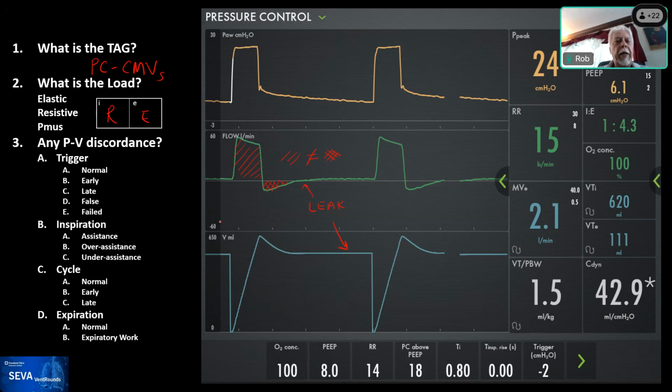And the leak exists on inspiration and expiration, but as you can see, because of the leak during inspiration, the exhaled volume is much less than what was put out by the ventilator. Okay, so the volume that comes out is the volume that was essentially delivered to the alveolar spaces. The volume that went in, some of it went to the alveoli and some of it went out a leak.